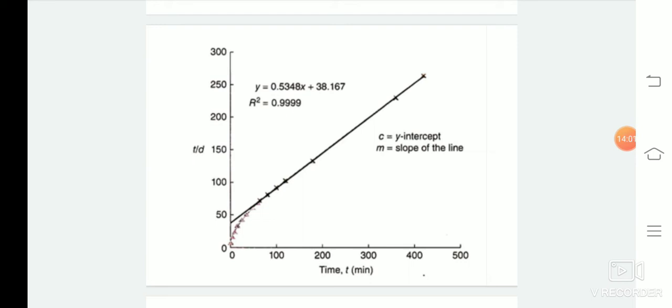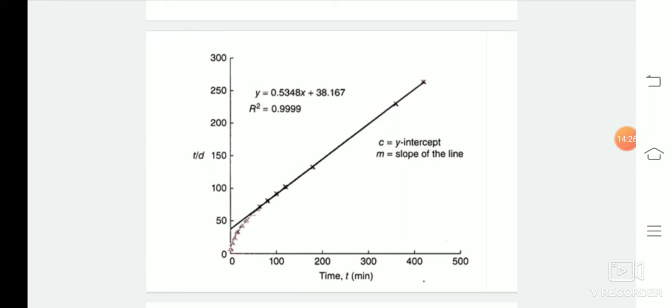Then the coefficient of consolidation is determined from the relationship Cv equals B m d square divided by c, where Cv is the coefficient of consolidation, and B is a constant which equals 0.297. m is the slope of the extended straight line portion of the t versus t by d plot, c is the y-intercept of the extended straight line portion of the t versus t by d plot, and d is the length of the drainage path.